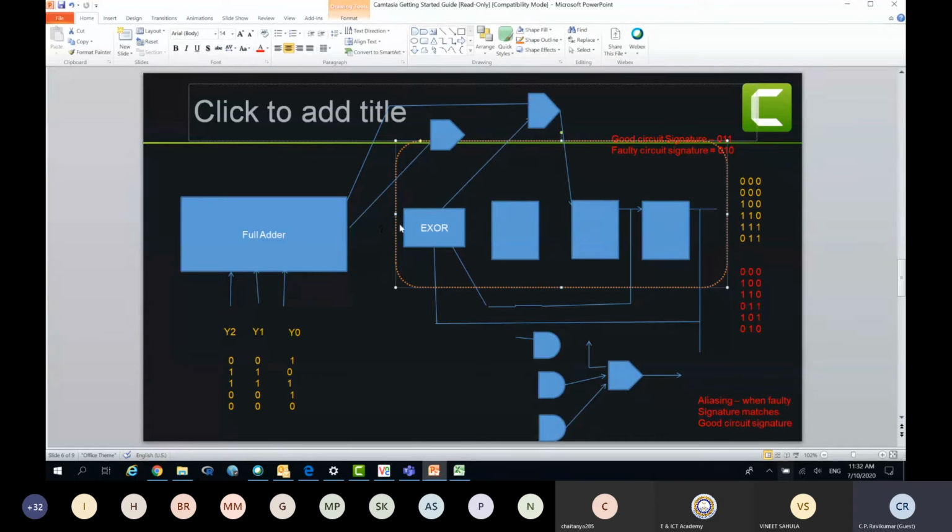So the temporary value that I have computed is also going as an input to this XOR gate. And that is being given as... okay. This is what is really happening.